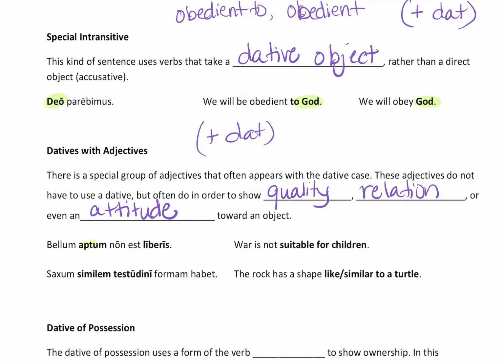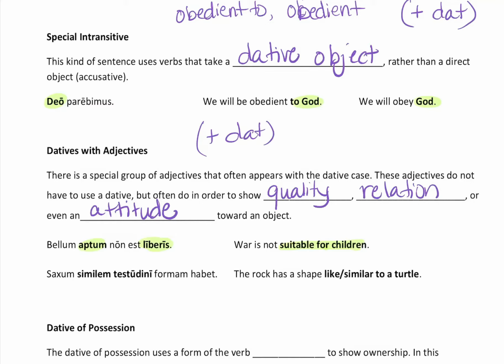So first one, I'm going to give you these two that are paired together. Okay. War is not suitable for children. All right, we've got the dative right here. Here's the adjective. Here's the dative. So the adjective is not in the dative, but the thing that it's describing does appear in the dative.